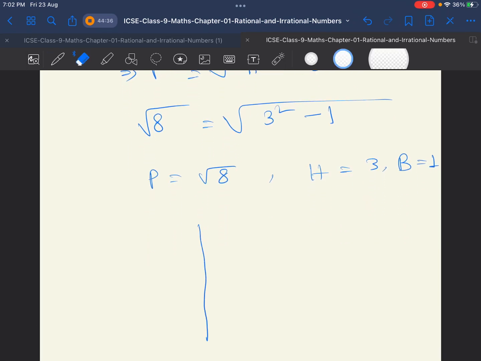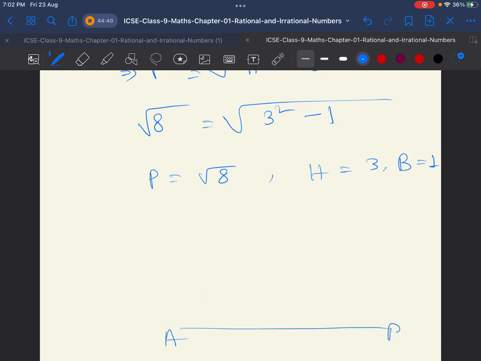So first we have to draw a line segment AB. Now we have to construct a 90-degree angle. So now we cut here, also from here we cut this, from here we cut this one, and from here we cut this one. So this is the 90-degree angle.